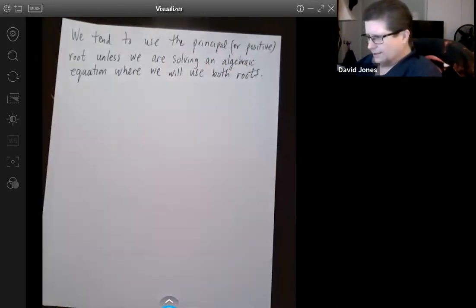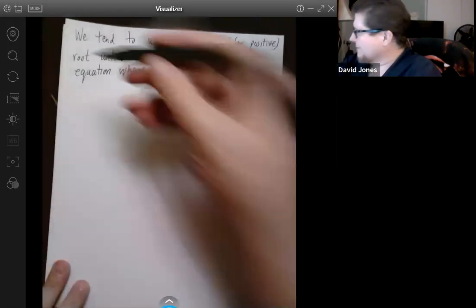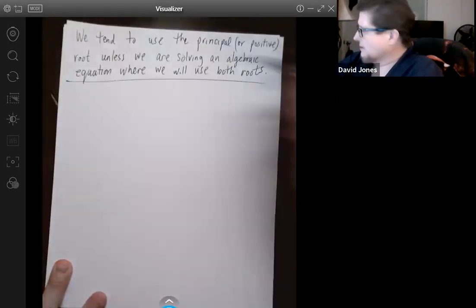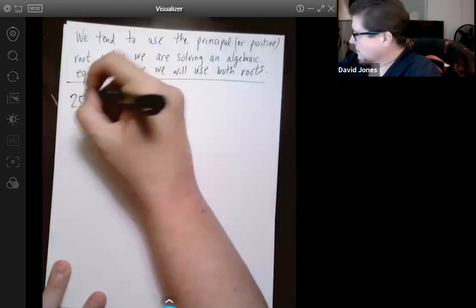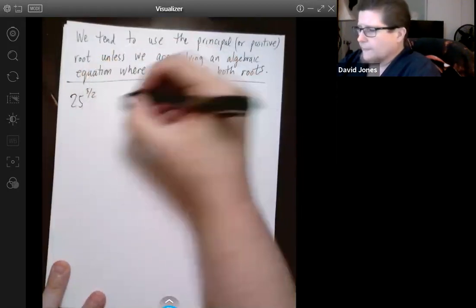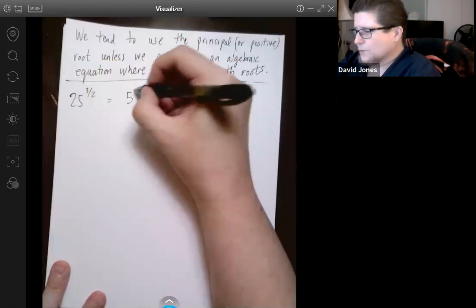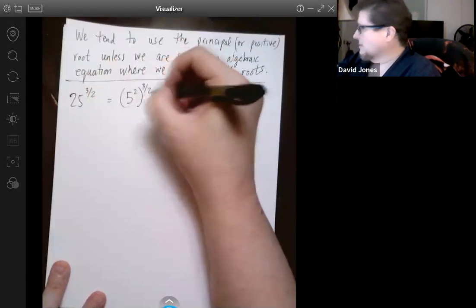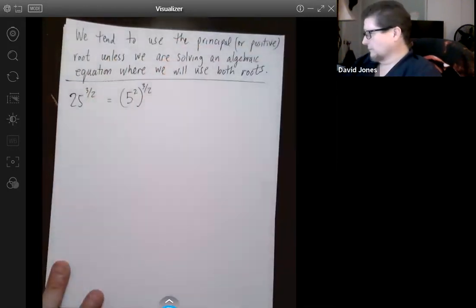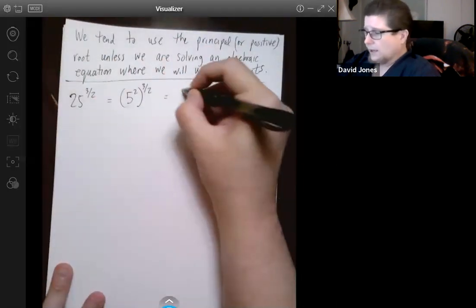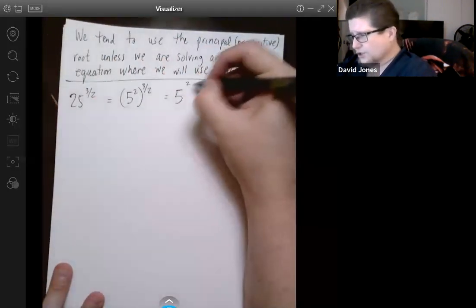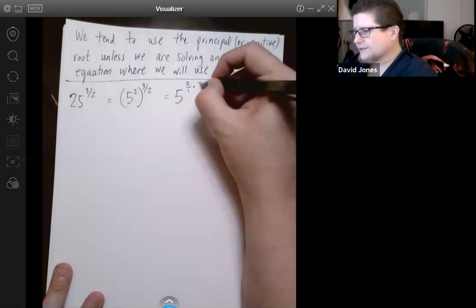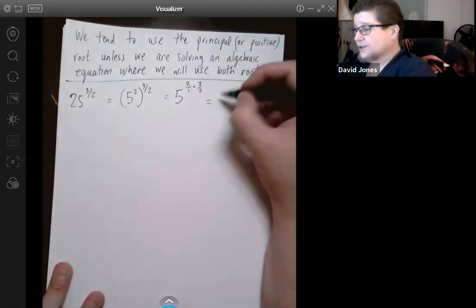So let me give you another example. We've got 25 to the 3/2. I can rewrite that as 5 squared to the 3/2. And treating these as fractions, 2 is 2/1, and the 3/2 goes on the outside. The 2s cancel.